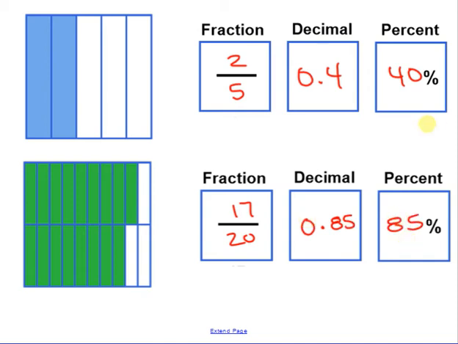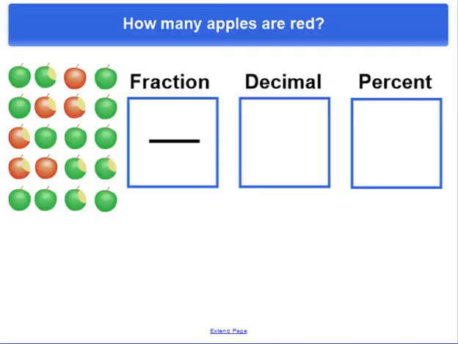All right, here are your answers. 2 over 5, 0.4, and 40% for the first illustration. 17 over 20, 0.85, and 85% for the second illustration.